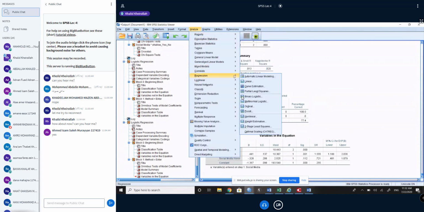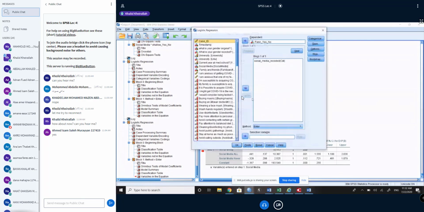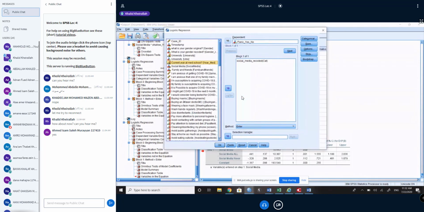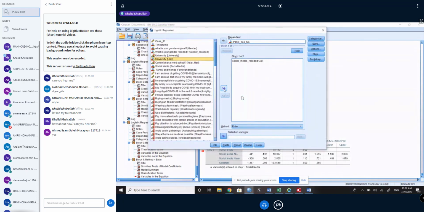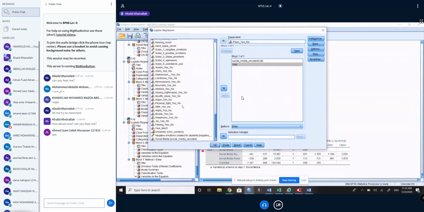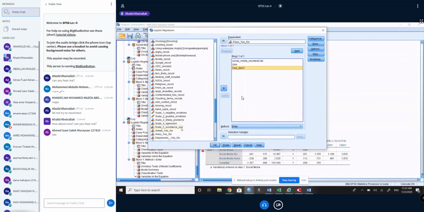Now, logistic regression is actually way more meaningful than this because it gives you the effect of more than one variable. It tests the effect of more than one variable. So let's just add the university. Let's do medical year.